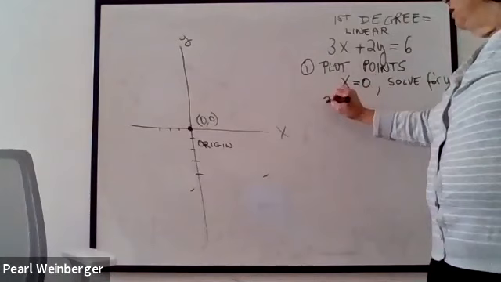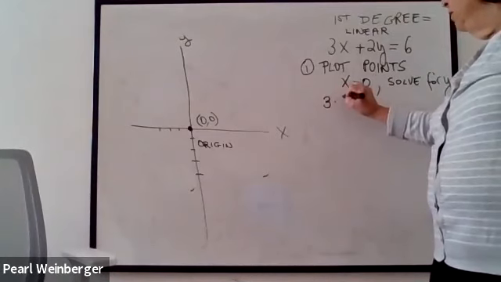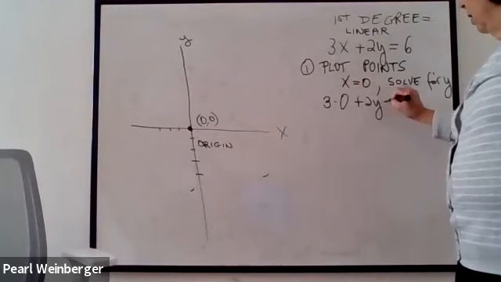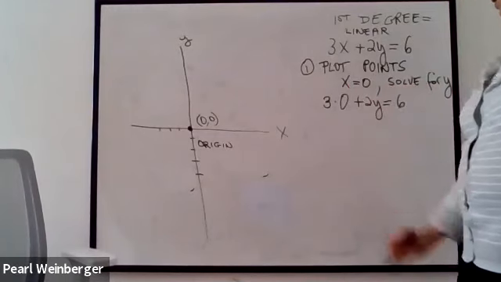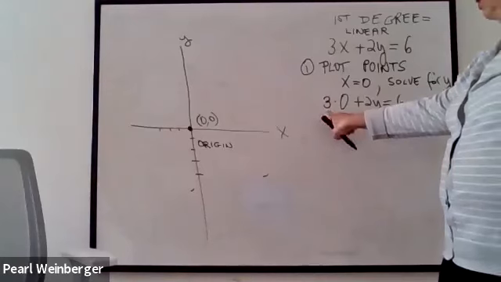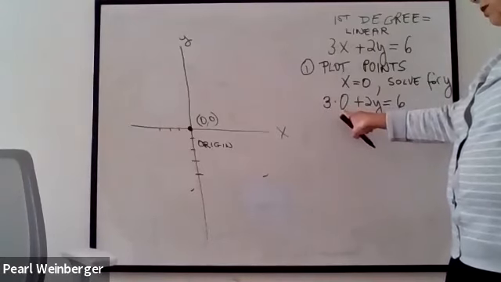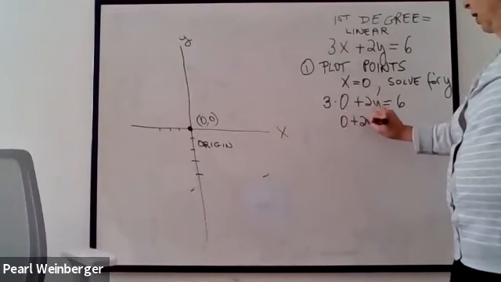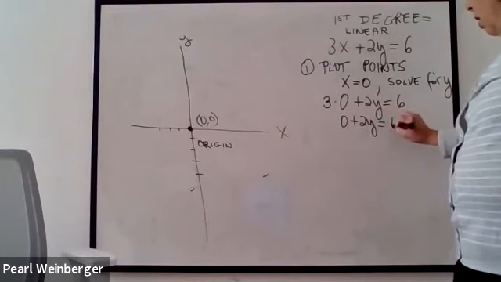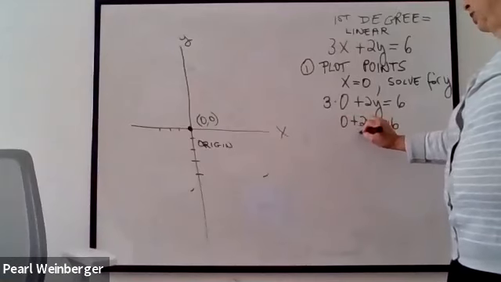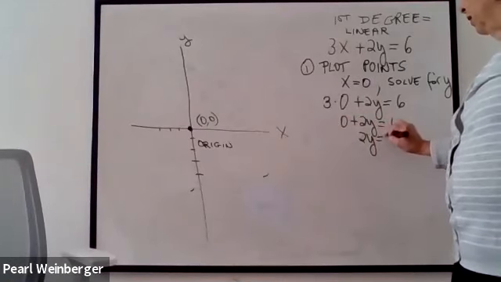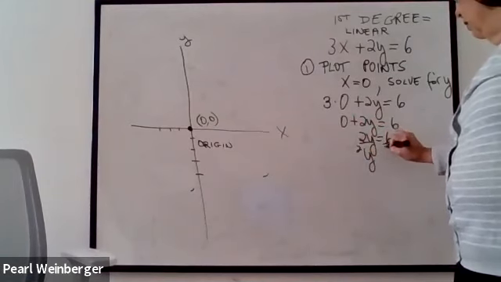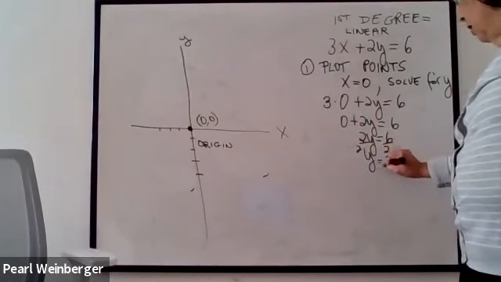If I pick x to be 0, it'll be 3 times 0 plus 2y equals 6. Now obviously, 3 times 0 is 0. So this becomes 0 plus 2y equals 6. And of course, that's just 2y equals 6. And that gives me y equaling 3.